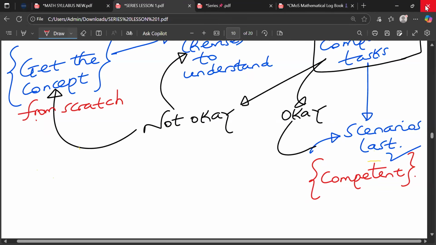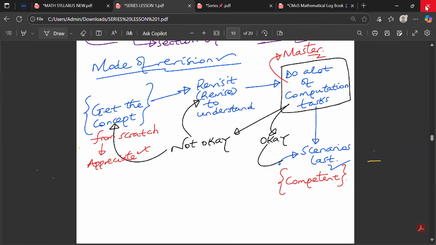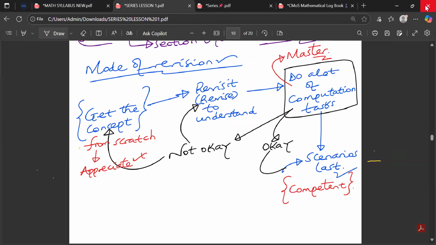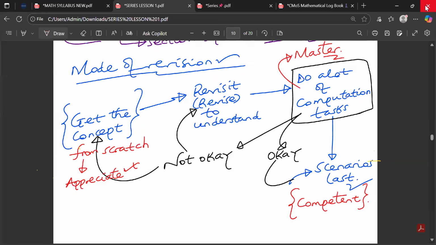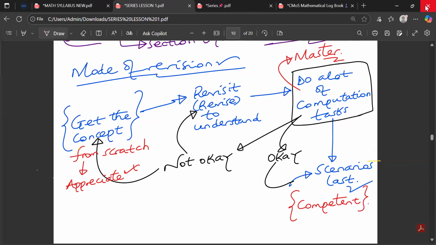You people, you're not understanding. What you're doing right now is to simply appreciate that, oh, S subscript N is read as the sum of the first 10 terms. Okay, you've appreciated. But tomorrow morning, you can fail to say the same thing. So you're supposed to revisit, revise to understand.